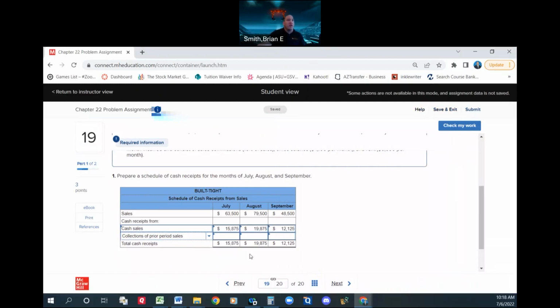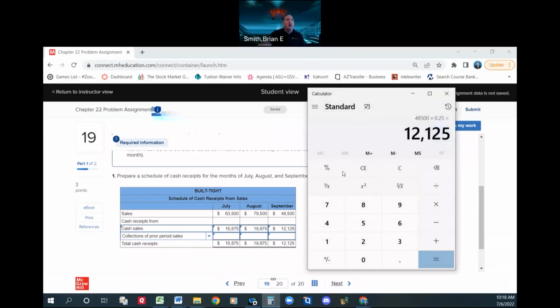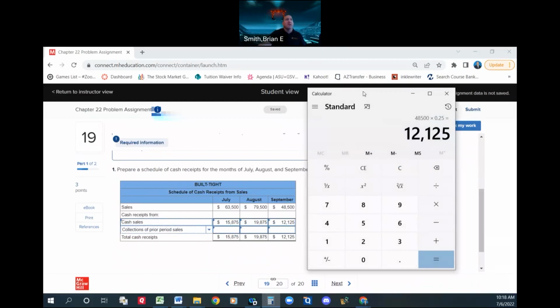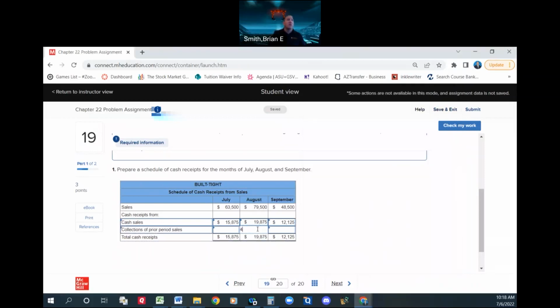Okay, so now we're going to do collections from the prior sales. And that was, I believe, 75%. So we're going to take June's amount of 63,500 times 0.75 for 75%. August is going to be 47,625.